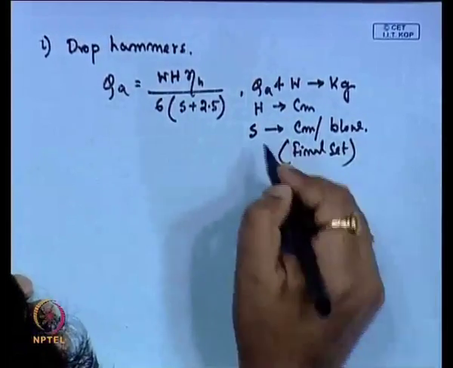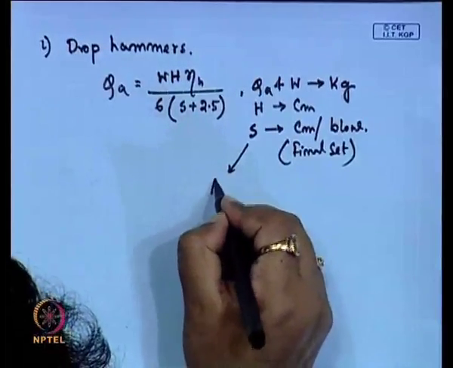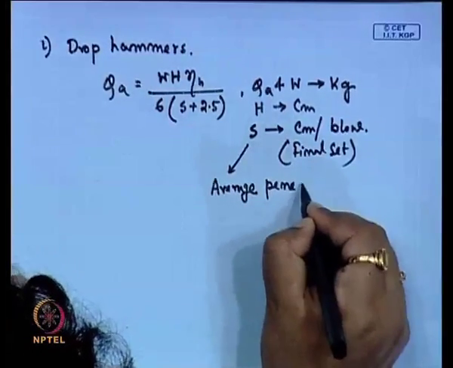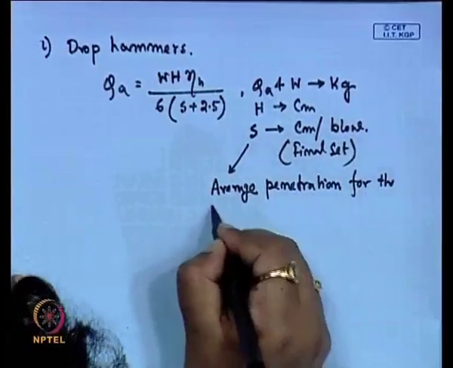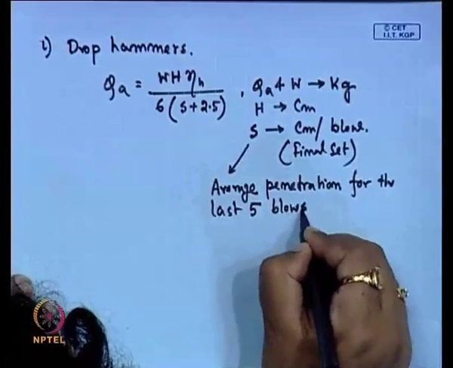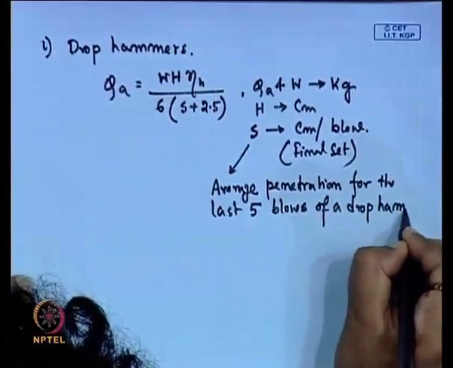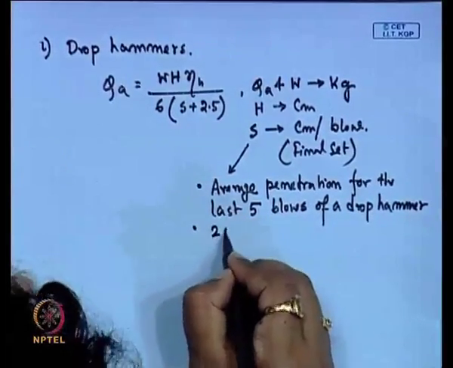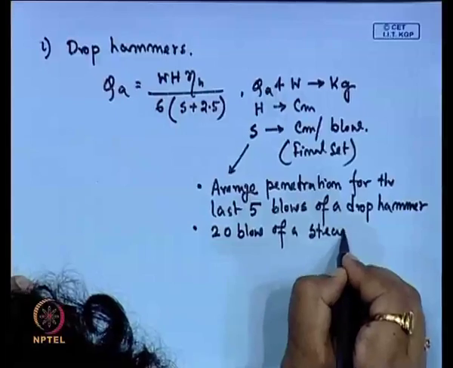So, this final set S, we can take that S value, the average penetration for the last 5 blows of a drop hammer, or 20 blows of a steam hammer.